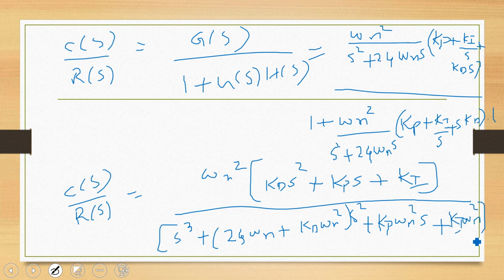So this is what the closed loop transfer function is with PID controller. So this is again a third order system. So it will reduce the overshoot with no offset and it gives you a higher stability.